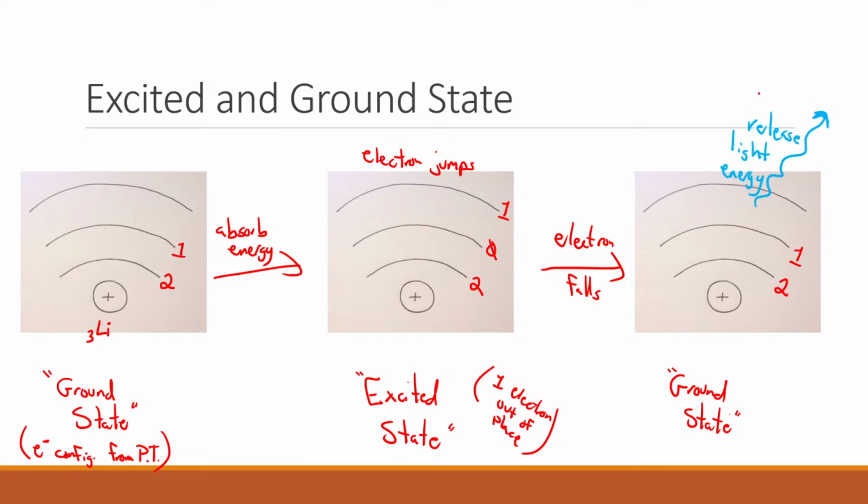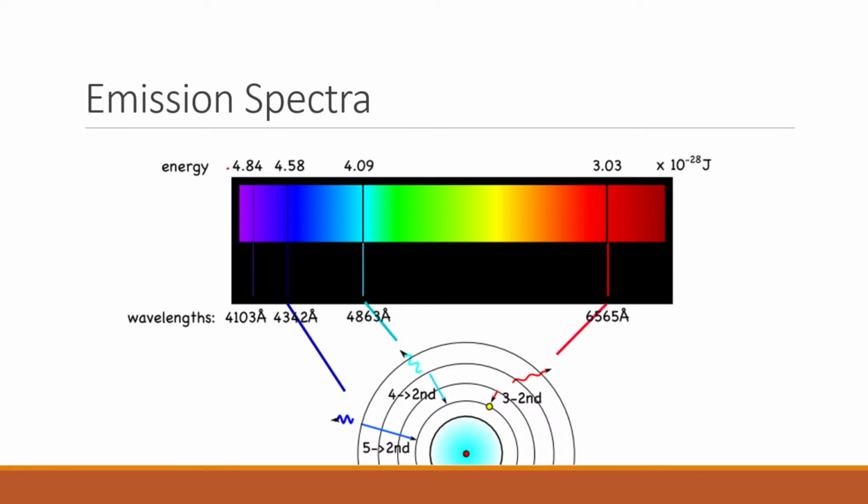And so we took all of those elements, we looked at all of the light they produced, and we found this idea of the emission spectrum, where we're going to focus here.